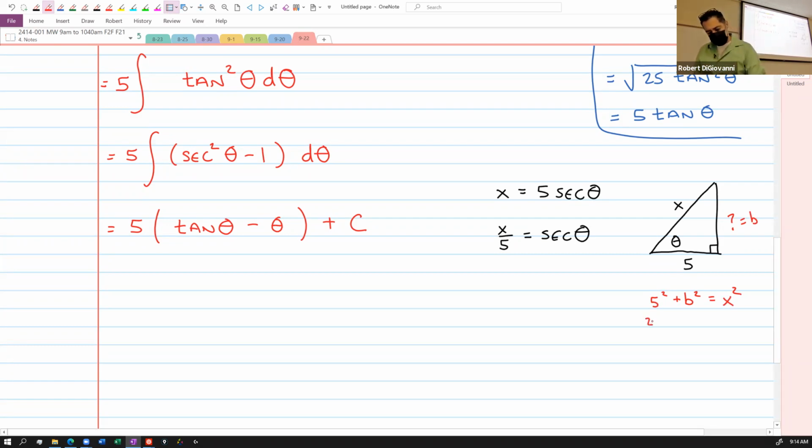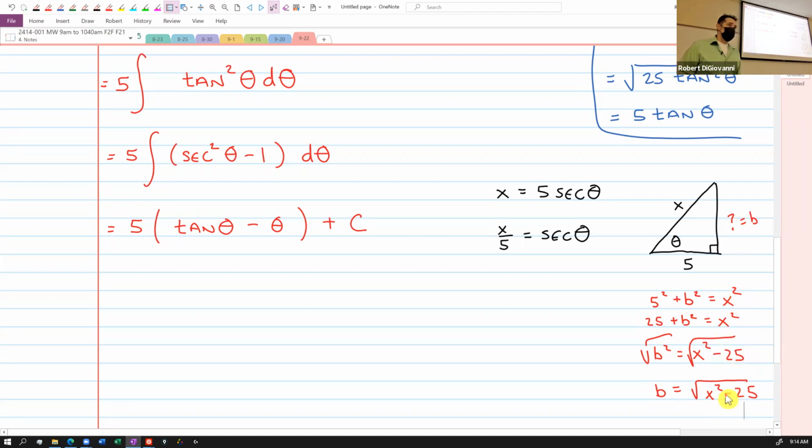So I square the 5, I move the 25 to the other side, and then the last step would be to take the square root on both sides. I will only look at the positive root because it represents the length of a side of a triangle, so I don't want a negative there. So this side right here is the square root of x squared minus 25.